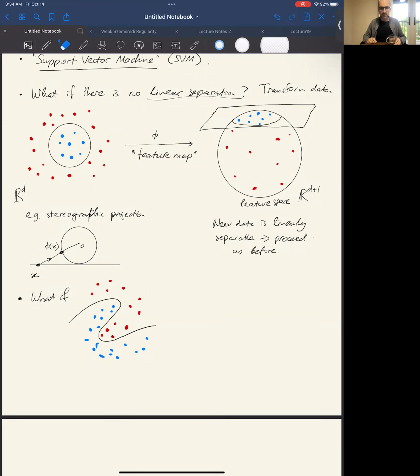Let's not project on the sphere, but project onto something else. But how do we know what we want to project onto? If we just see that the data is just a matrix, how do we know what to choose? How do we find the feature map and feature space phi into which we embed?